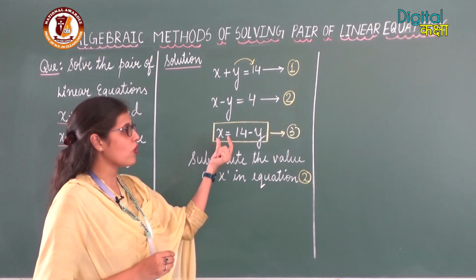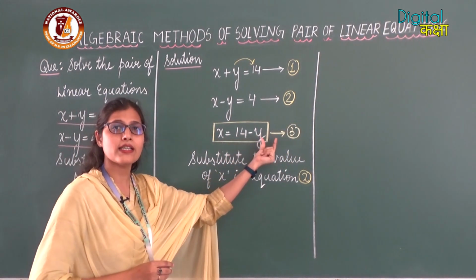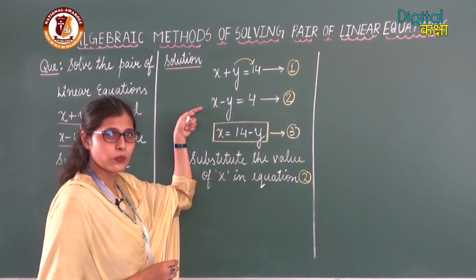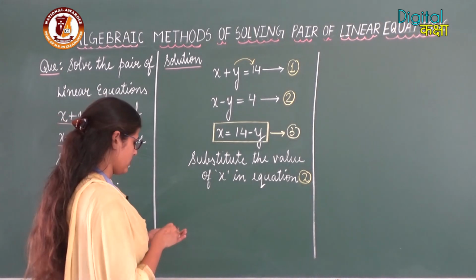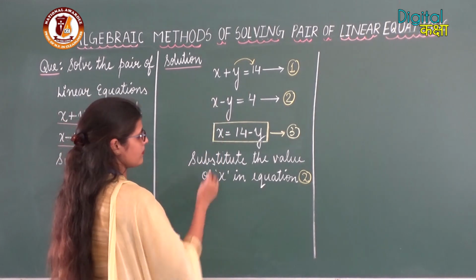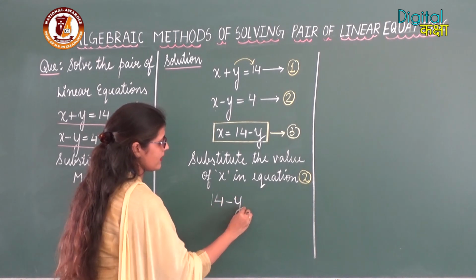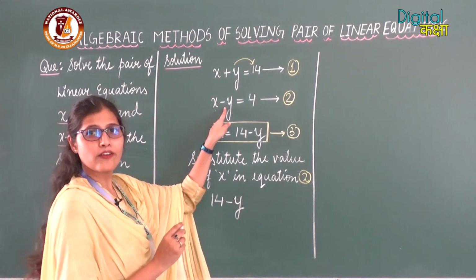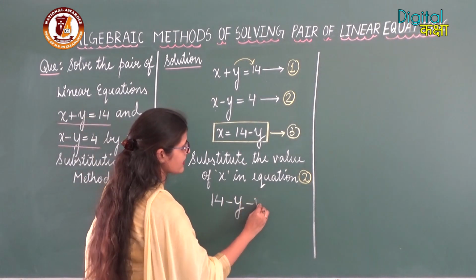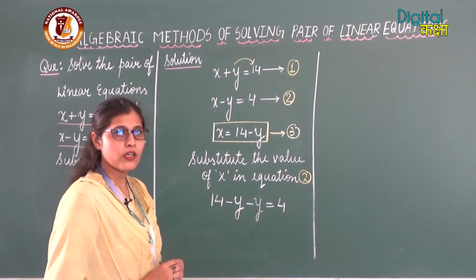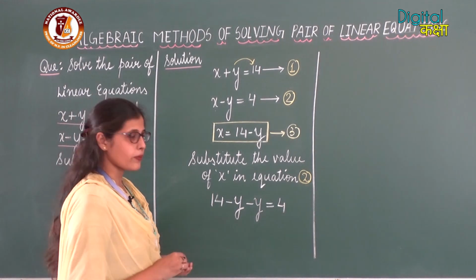Now this value of x, which is 14 minus y, I will be substituting in equation 2. So in place of x, I will be writing 14 minus y, and already we have minus y over there. I will be writing it again, and which will be equals to 4. Now we will be solving this equation.